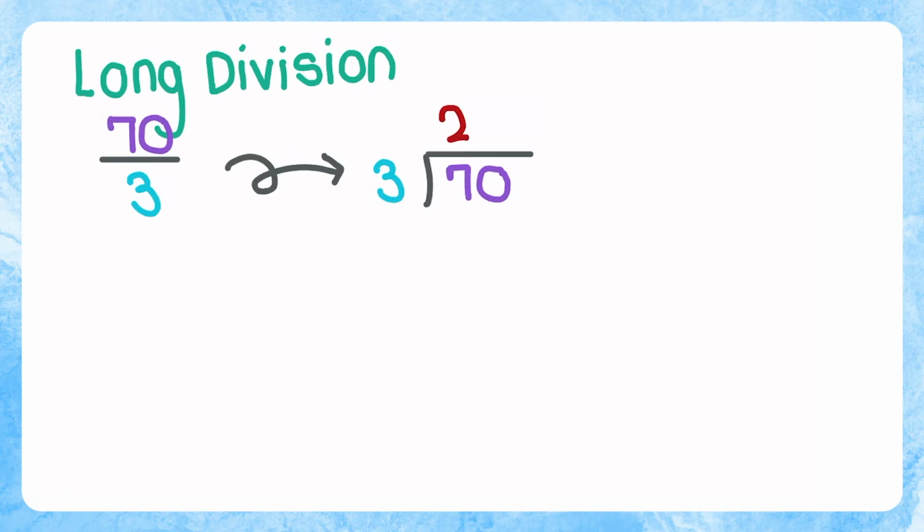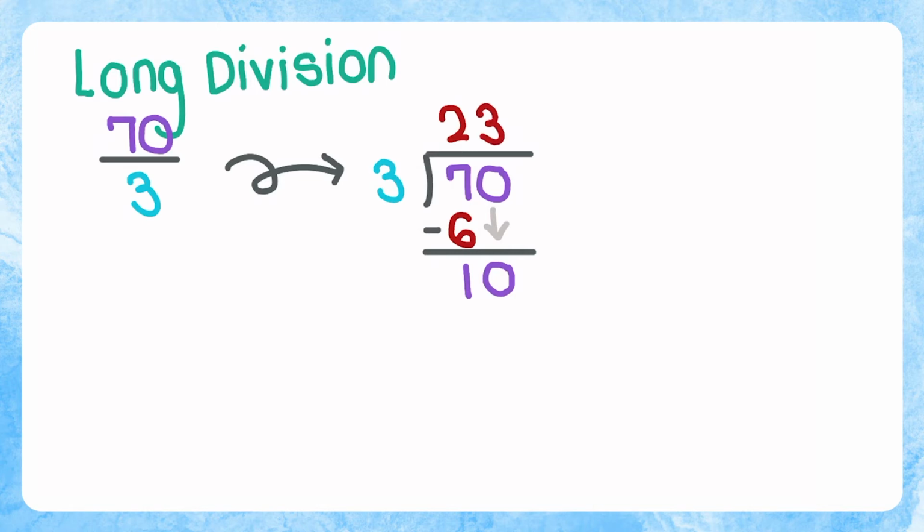So let me write that up here. 2 times 3 equals 6, and then 7 minus 6 is 1. And then remember this trick of pulling the 0 down, and so I'm left with 10. And so my next question is, 3 times what would equal something close to 10?